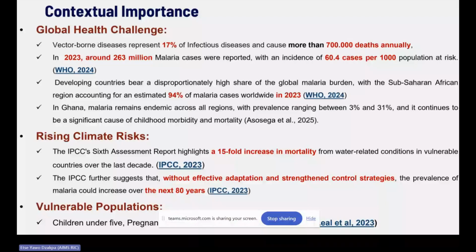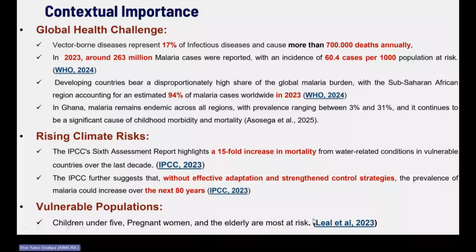This is a big concern. If we do not have an effective adaptation strategy to control those waterborne diseases, mainly malaria, malaria cases will increase over the next 18 years. This will mainly affect vulnerable populations such as children under 5, pregnant women, and elderly people.